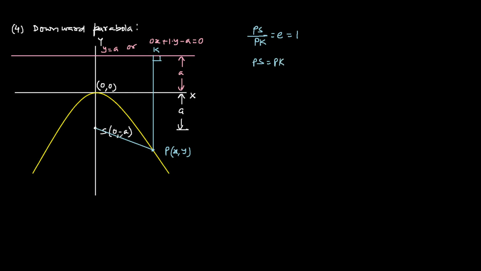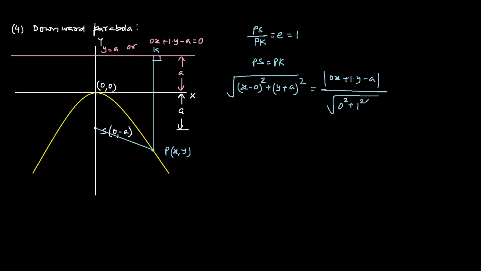We can write the distance between these 2 points as square root of x minus 0 square plus y plus a square, and the perpendicular distance of point x, y from the directrix is mod of 0x plus 1y minus a divided by square root of 0 square plus 1 square.